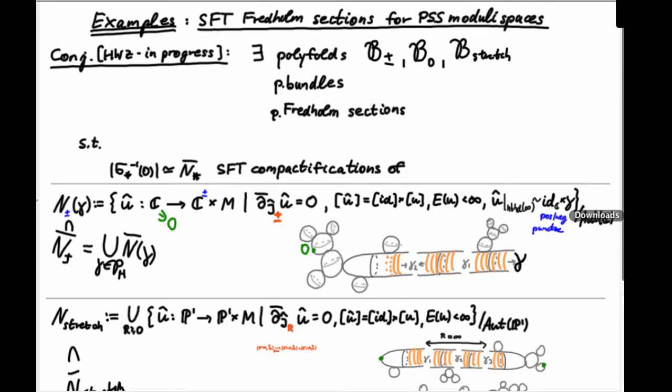Do I already want to claim what the stretching looks like? No, I don't want to claim that yet. It just makes sense to decompose the PSS and SSP things also according to limits of Hamiltonian orbits.